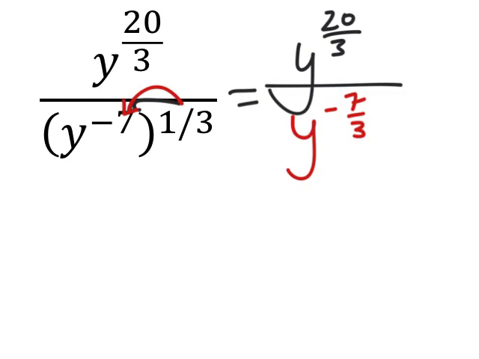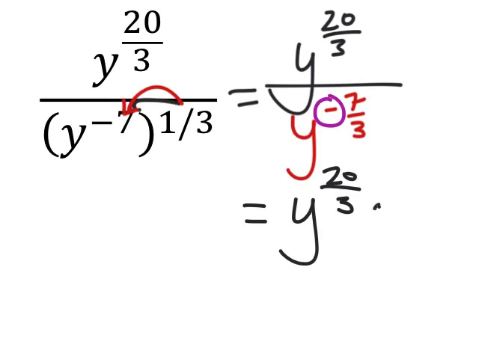Since there's this negative in the exponent, it means we're going to reciprocate just that term. It's going to flip just that part. We still have y to the 20/3, which was positive. There's no need to reciprocate y to the 20/3. But this is now multiplied by y to the positive 7/3.